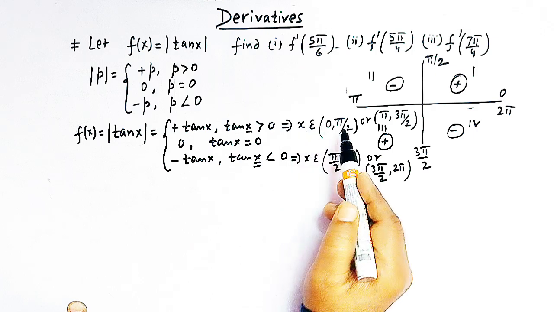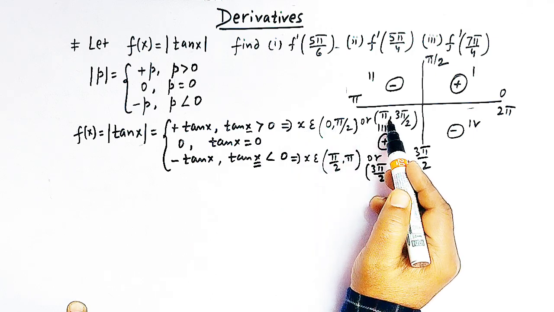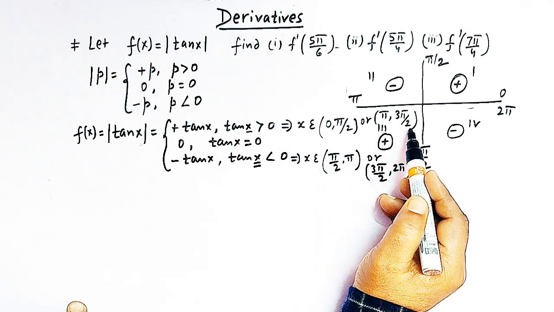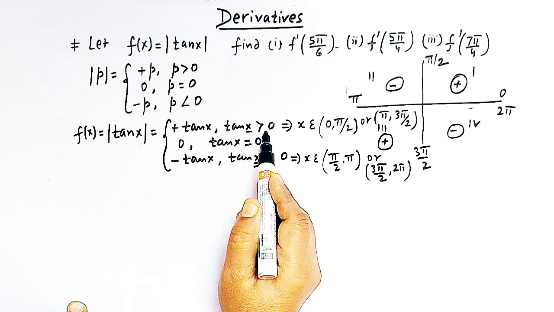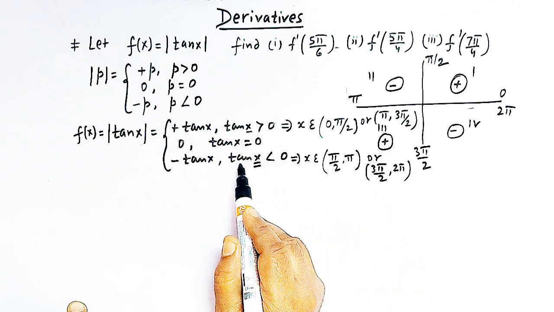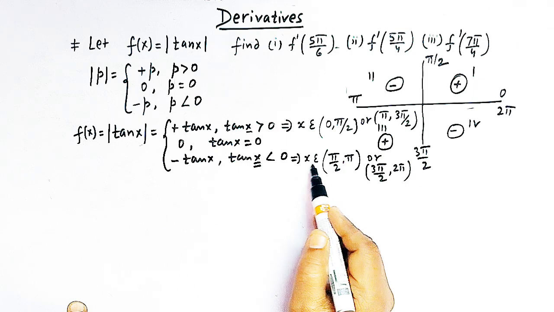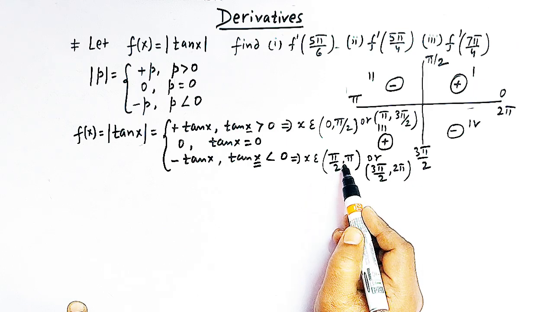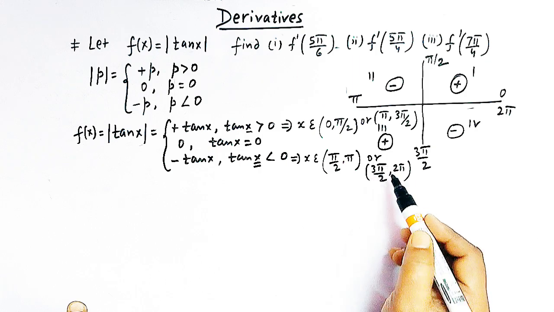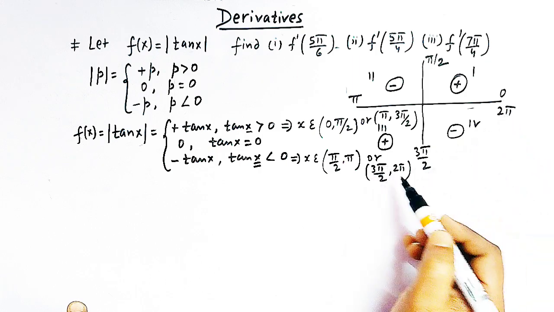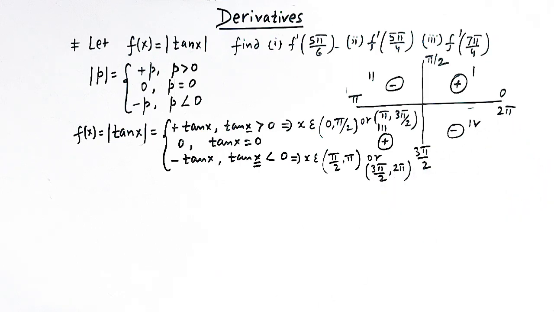So when x belongs to 0 to pi by 2 or pi to 3 pi by 2, then tan x is greater than 0. And when tan x is less than 0, x should belong to pi by 2 to pi, that is the second quadrant, or 3 pi by 2 to 2 pi, which is the fourth quadrant.